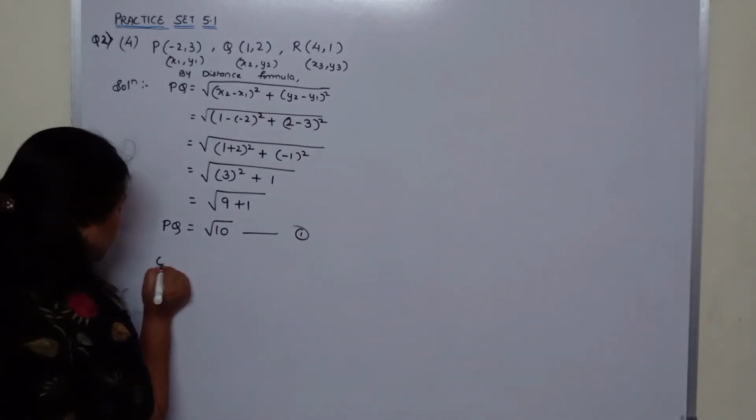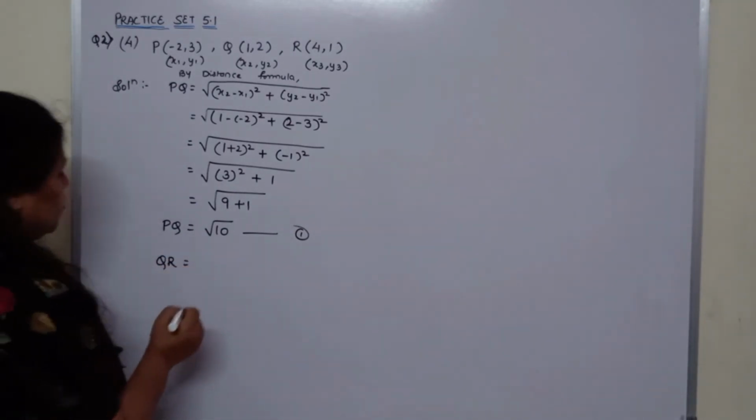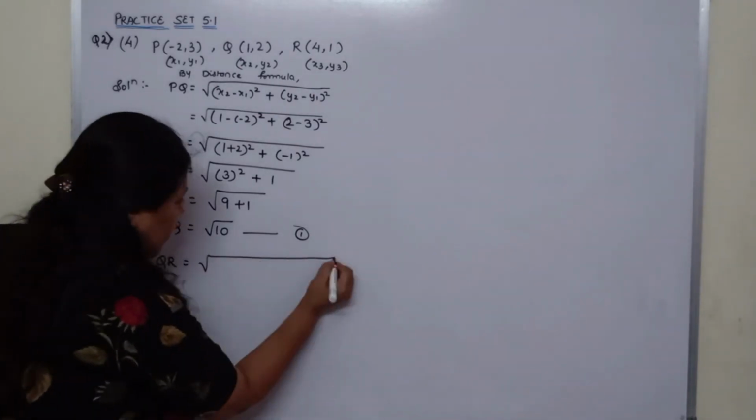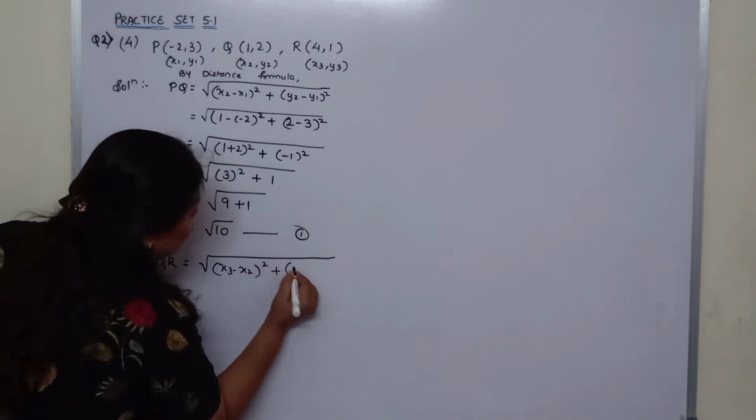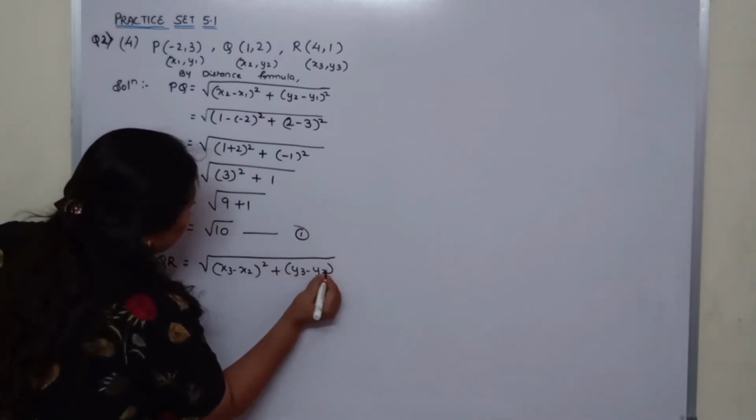Now we'll move ahead for QR equals x3 minus x2 the whole square plus y3 minus y2 the whole square.